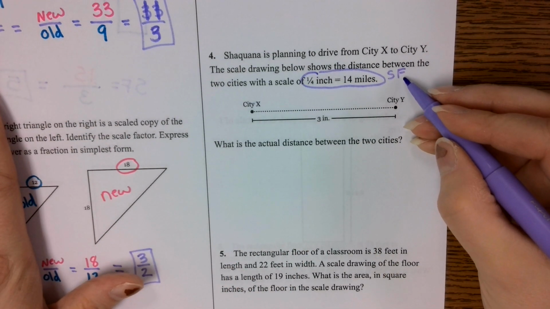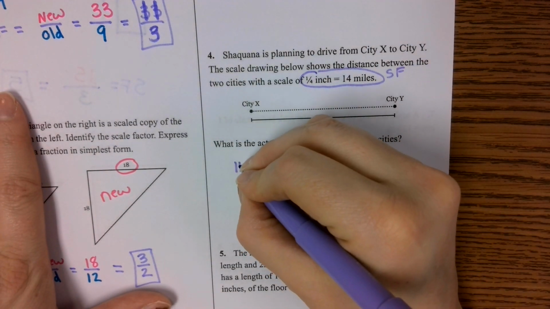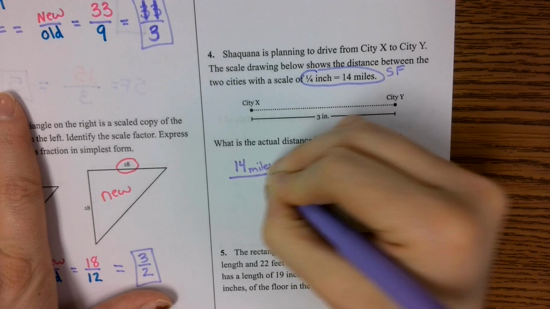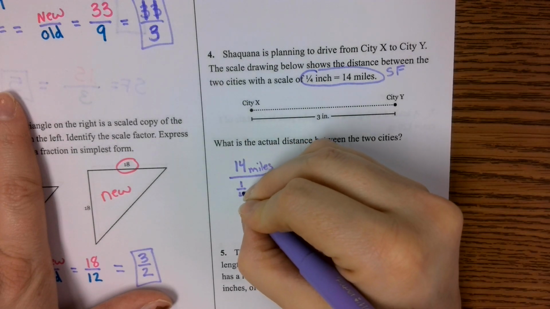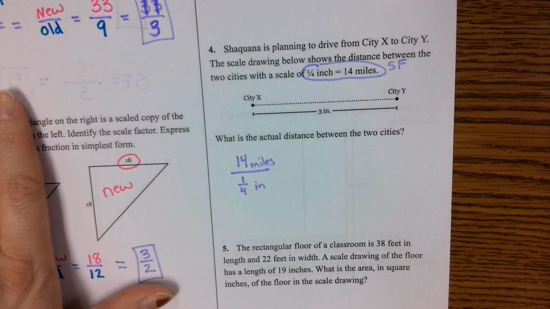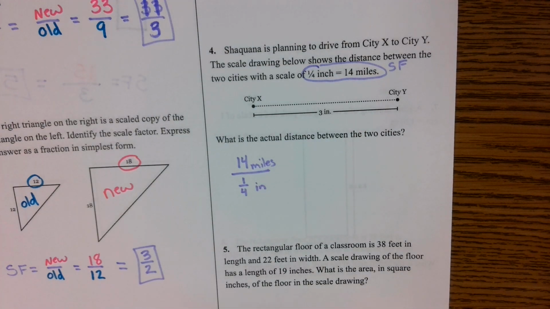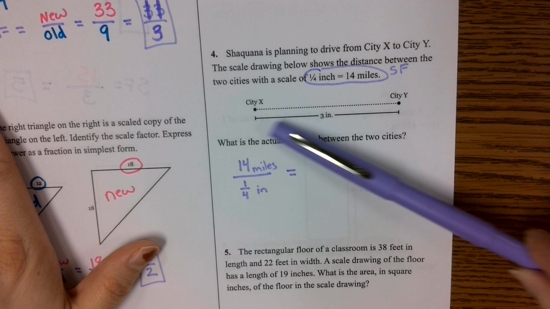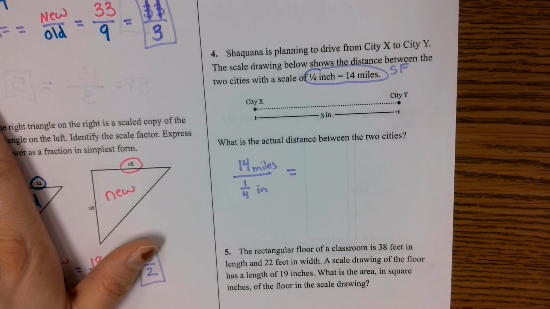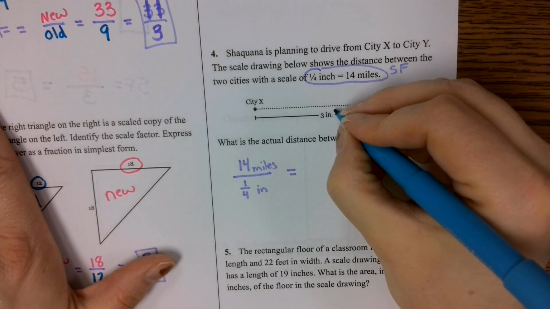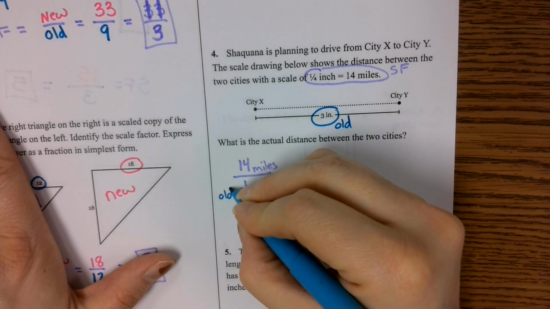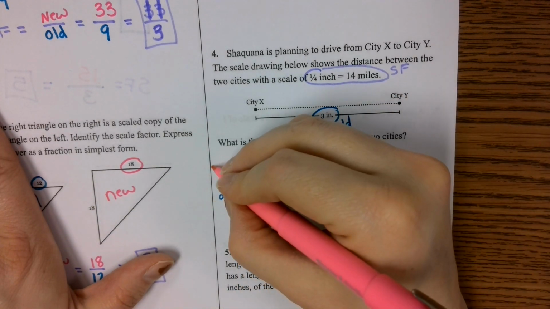My scale factor is 14 miles over 1/4 inch. 14 miles over 1/4 of an inch. Now I want to know how many miles it is if my map shows 3 inches. If my map is showing 3 inches, this is what we consider the old, just like this was considered the old and this was considered the new.